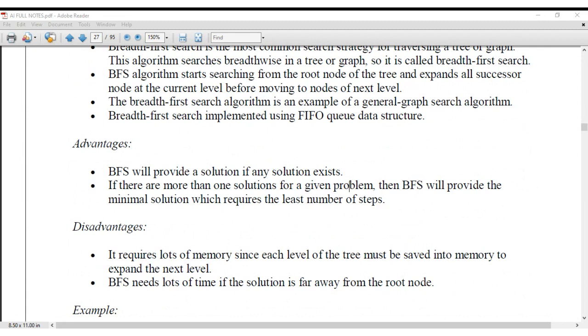So that's why we are saying that one of the advantages of breadth first is that it will provide an optimal solution. Why? Because it searches widely. Then if there is more than one solution for a given problem, this algorithm will provide the minimal solution which requires the least number of steps.